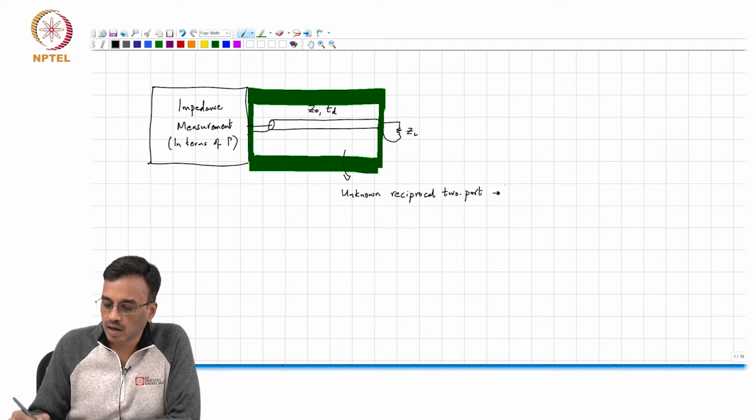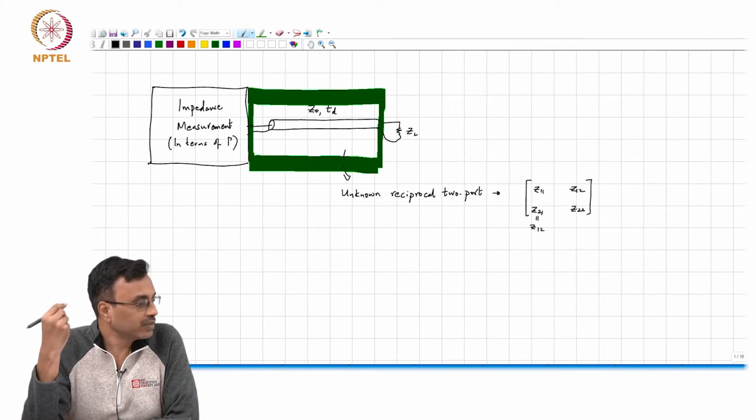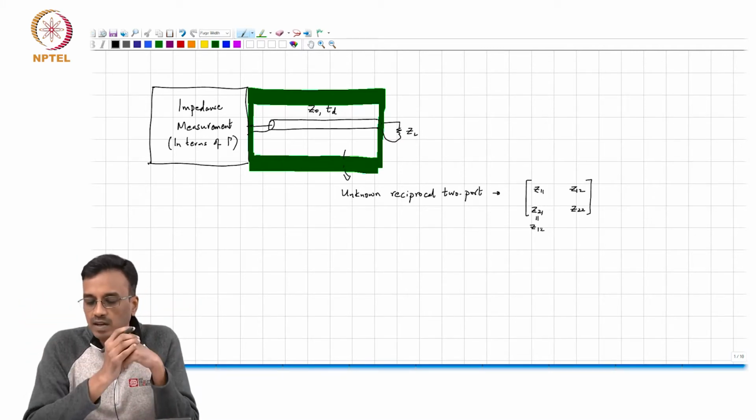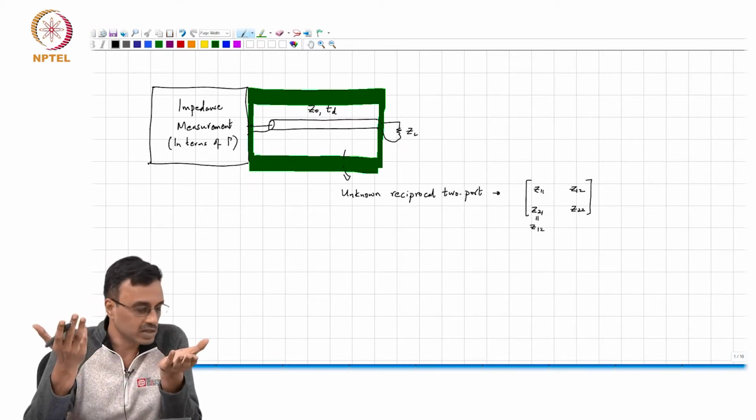and therefore, if you think of the impedance or scattering matrix, there are three unknowns, namely Z11, Z12, Z21 and Z22, and Z21 is known to be the same as Z12. So, there are three unknowns that need to be determined, and obviously you cannot determine these three unknowns without three equations.